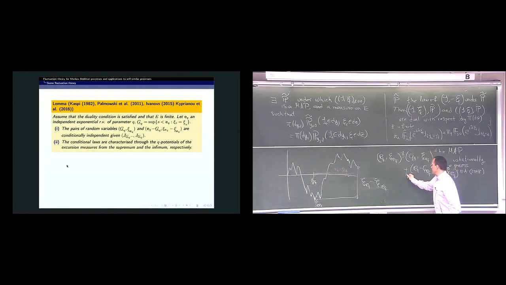Okay, this is a sum of independent random variables. Okay, and then we have more. We have that this has the same law as e_q minus G_eq plus G_eq, and then e_q.